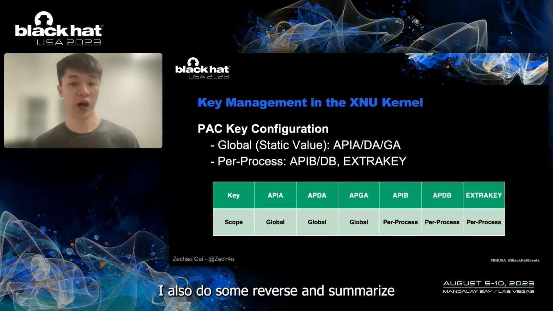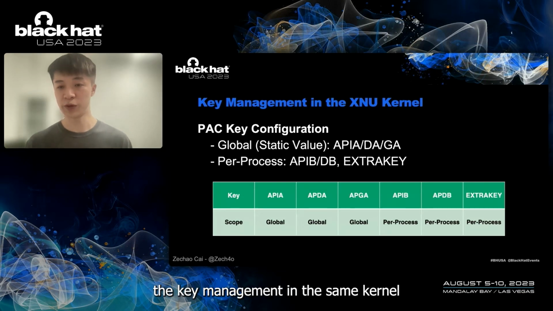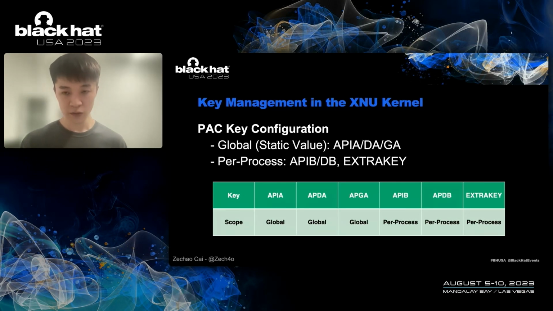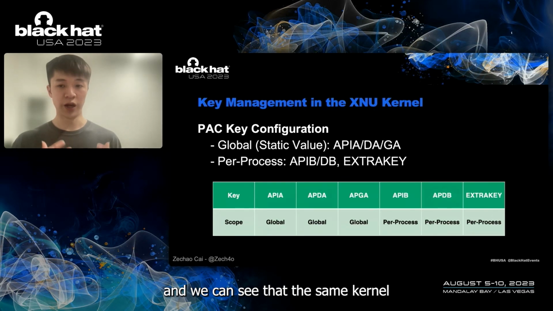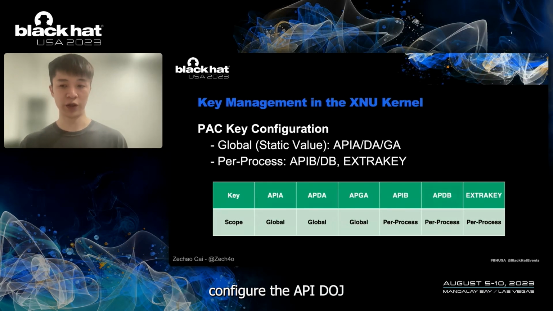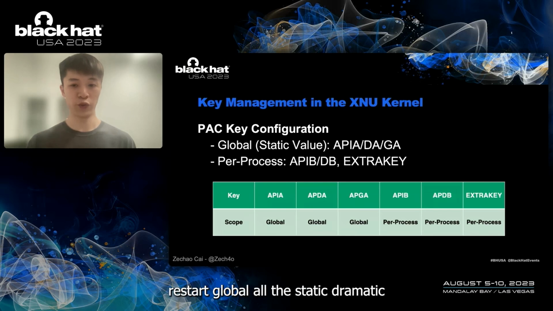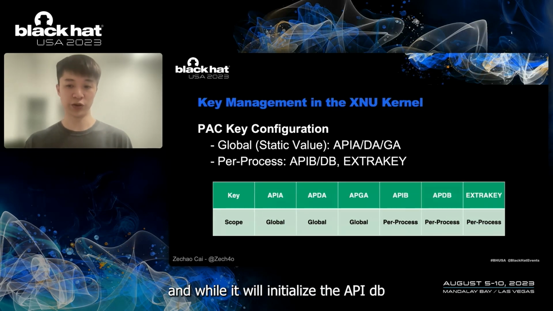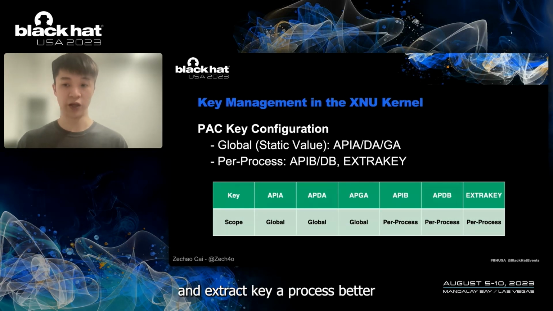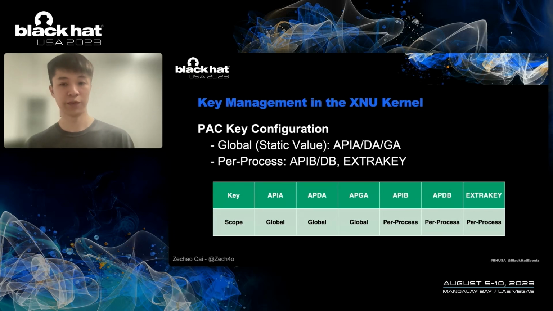Meanwhile, I also did some reversing and summarized the key management in the XNU kernel. We can see that the XNU kernel will configure the APIAKEY and APDAKEY with a global or static value, while it will initialize the APIBKEY and extra key with a per-process value.